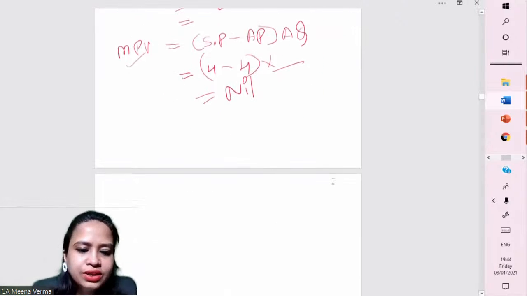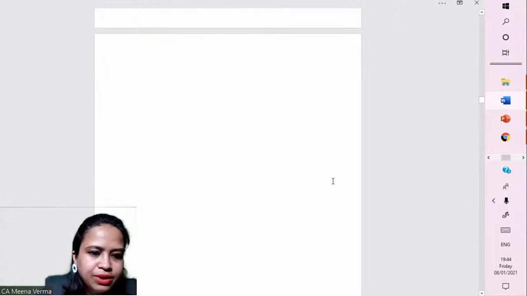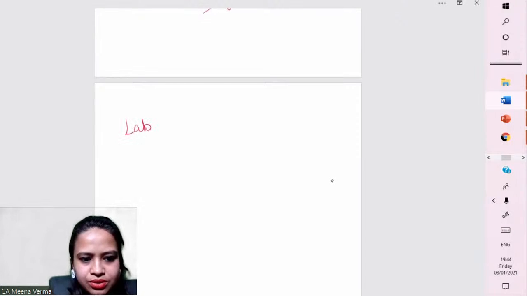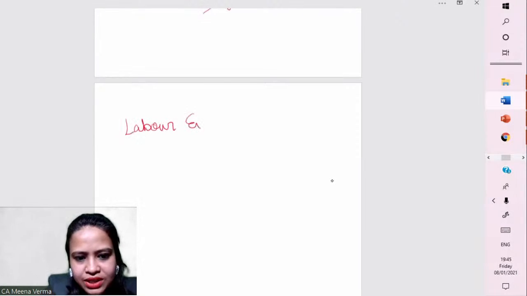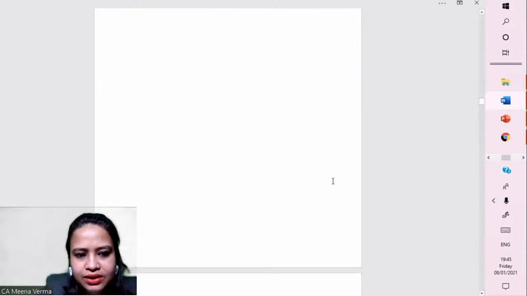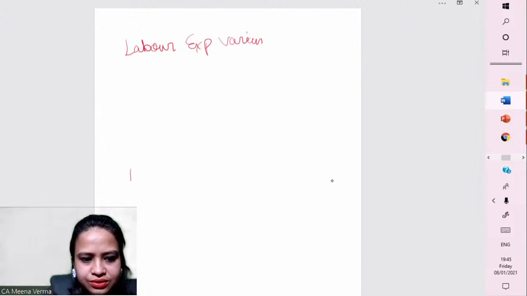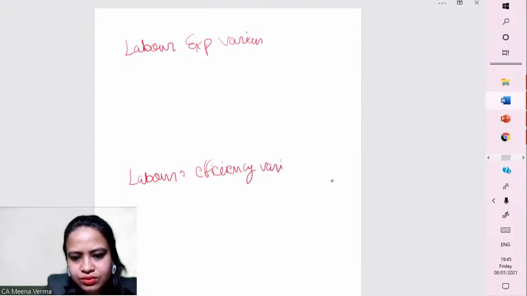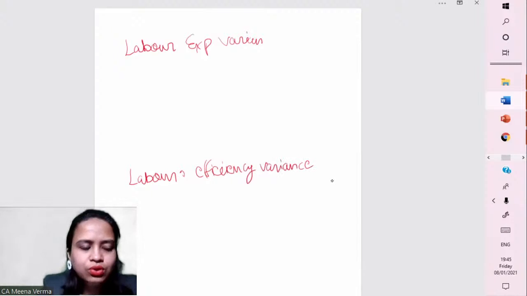Same way, calculate this labor expenditure variance and labor efficiency variance. Okay, do this. Labor expenditure variance and labor efficiency variance.